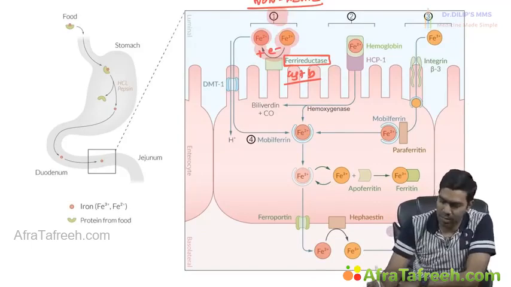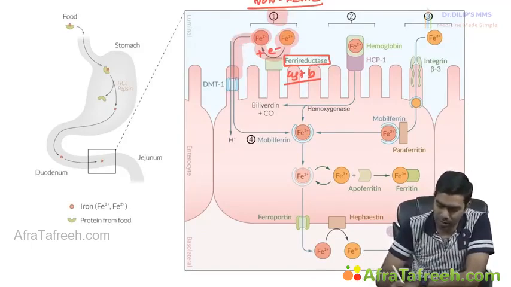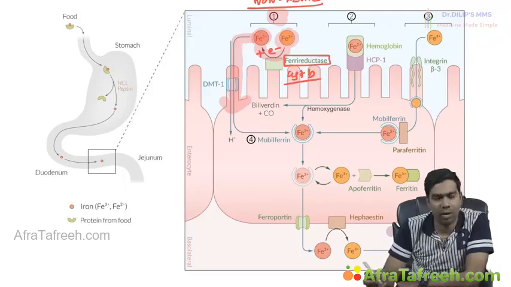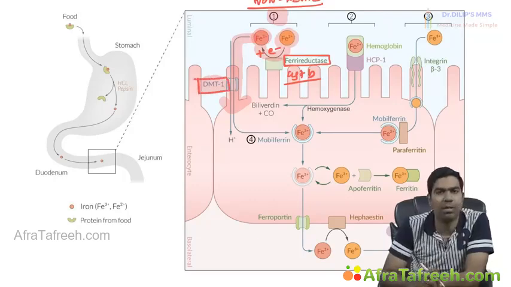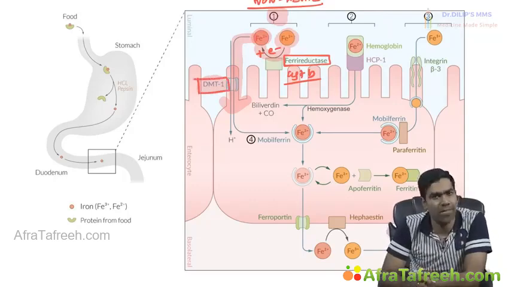Once it forms this Fe2+, this Fe2+ is going to get absorbed into the enterocyte by a very, very important transporter called DMT1, that is divalent metal transporter 1.